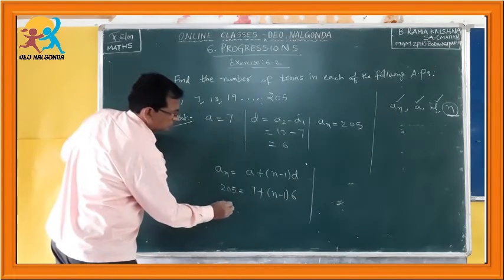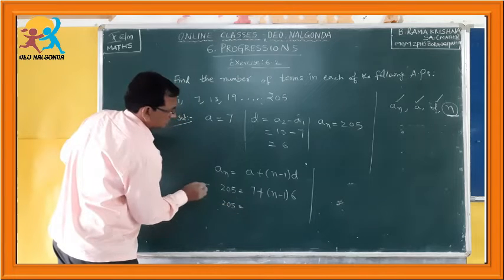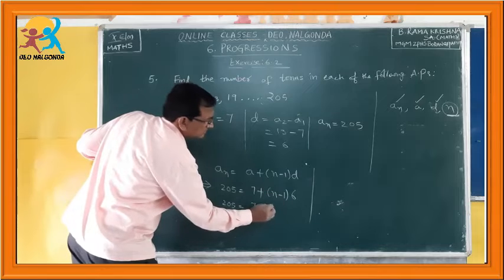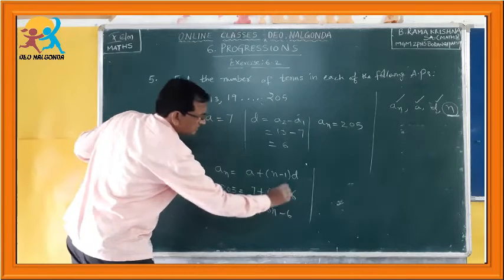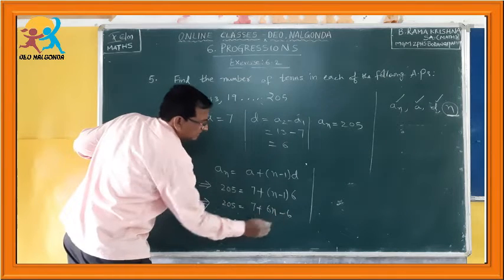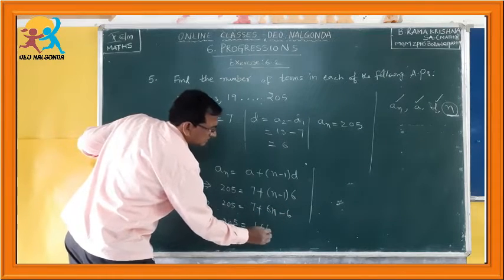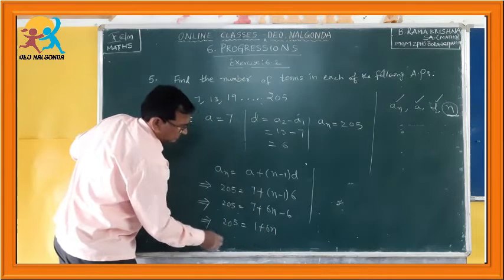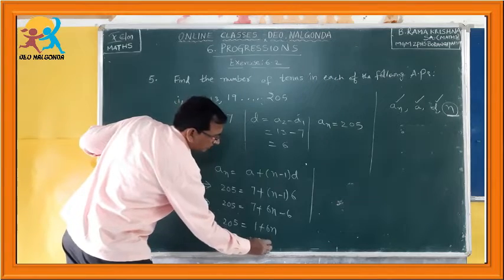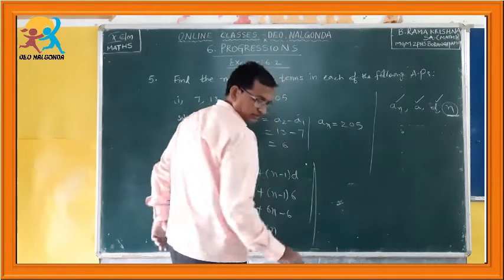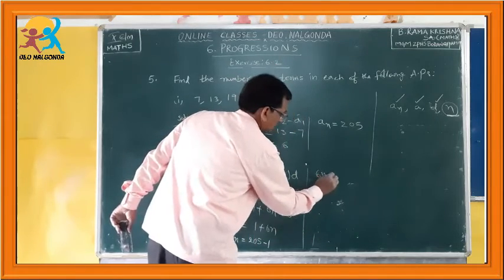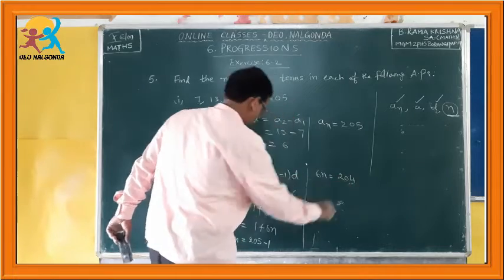Now, 205 equals 7 plus 6 into n minus 6, which implies 205 equals 7 minus 6 is 1, plus 6n. Transpose this 1 to this side, and this becomes 6n equals 205 minus 1. What do you get? 6n equals 204.